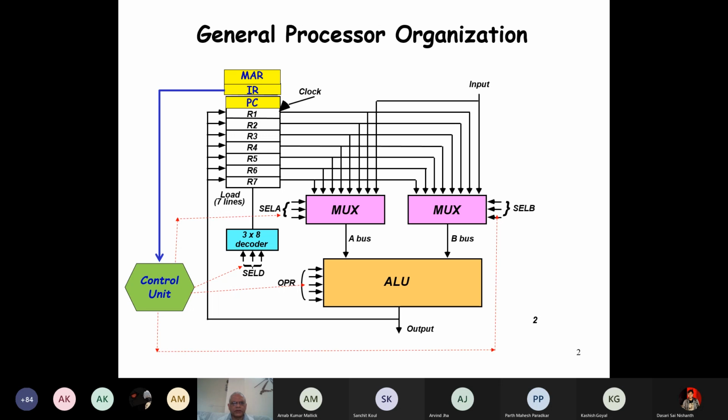And the distinguished register here, the program counter, is used to store the address of the next instruction to be executed.